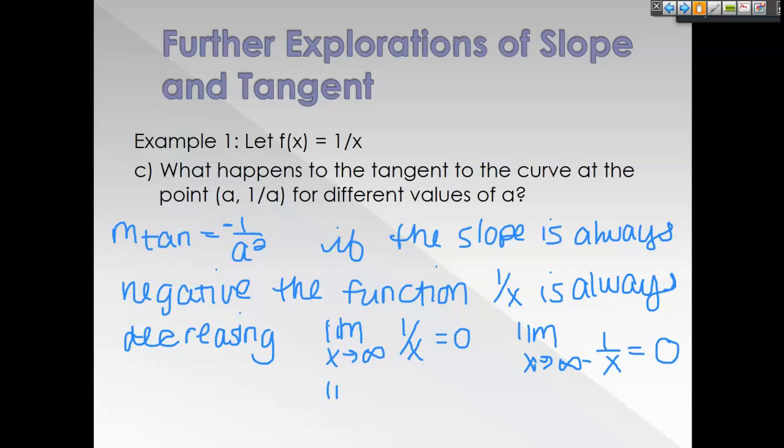What about the limit as x goes to 0? It is an infinity. Think about it. If this is the tangent and the slope is always negative, as x goes to 0, it is always going to go to negative infinity.